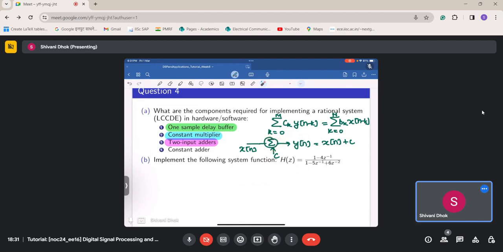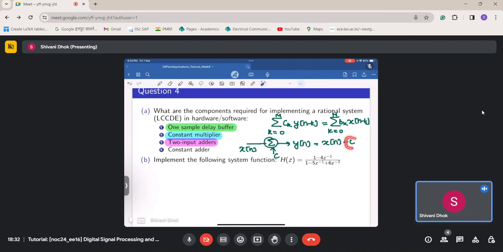For example, say I have x of n, there is an adder, and I add a constant c, giving y of n equal to x of n plus c. We are implementing a rational LCCDE system, which we use for an LTI system, that is linear and time invariant. If I introduce a constant adder, the input output relationship has a constant term, and you lose additivity and homogeneity.